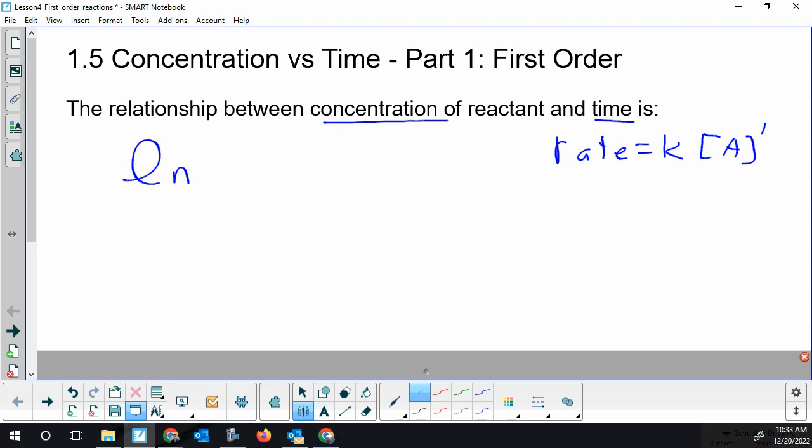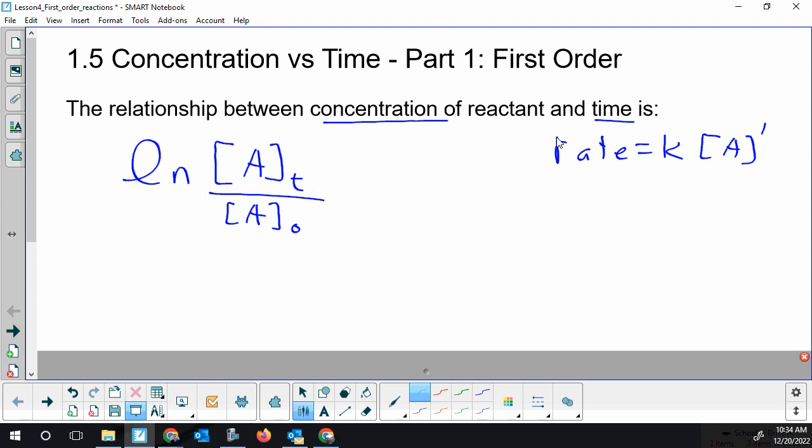The natural log of the concentration at some future time, divided by the concentration of the reactant at the beginning. So we really have a natural log of a ratio. What is the ratio of how much we have to how much we started with? At the very beginning, this ratio will always be 1.